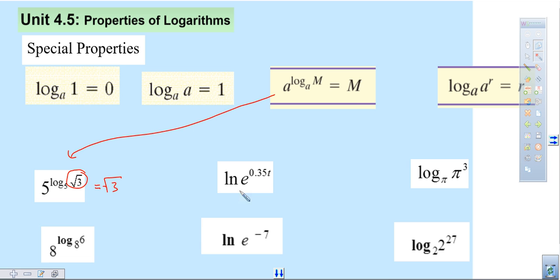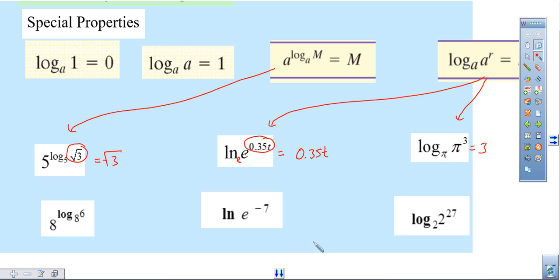Remember that on natural logs, there's an understood base of e. So we're looking at this property because our base and our argument are exactly the same, so our answer is our exponent, 0.35t. On the last one, our base and our argument are the same, so my answer is the exponent.